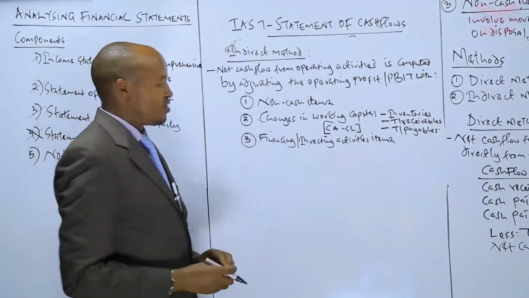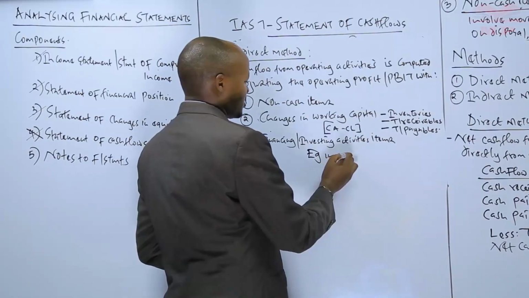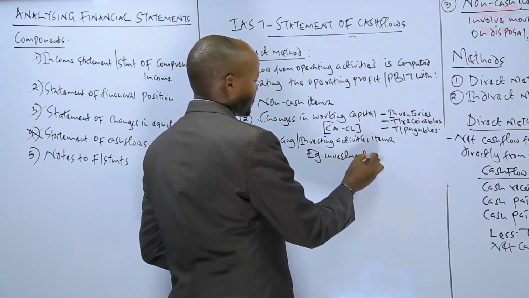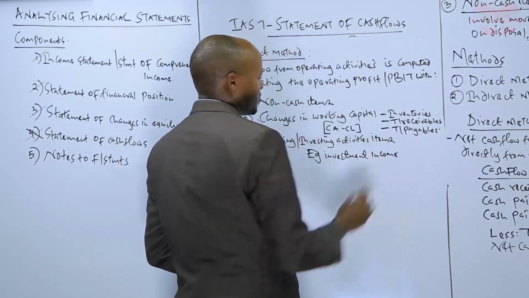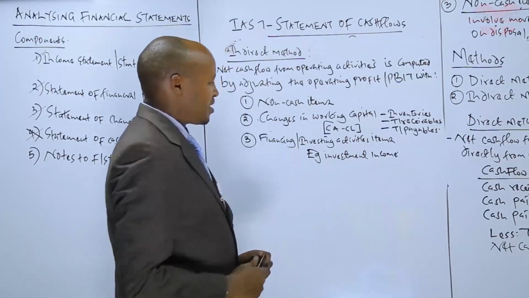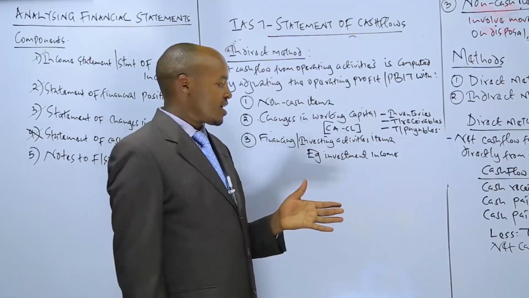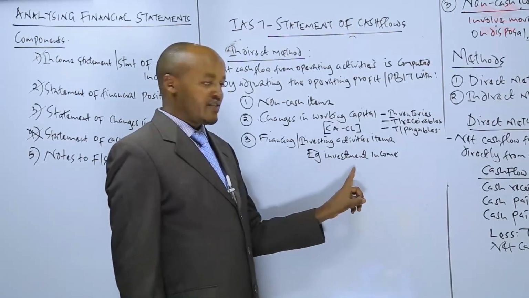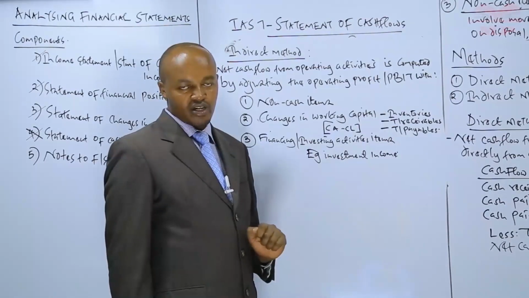A good example of this is investment income. For instance, if when the company was preparing the income statement, the company accounted for investment income as part of the other incomes, what you need to note is that investment income will already be included in the profit which was reported during that year.